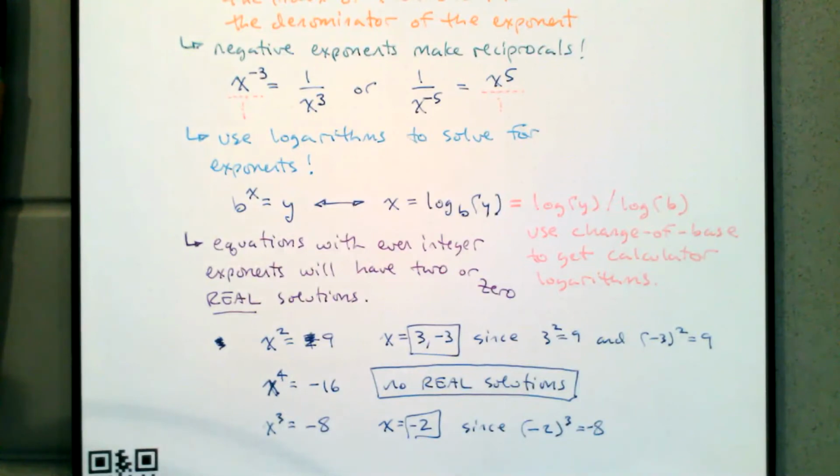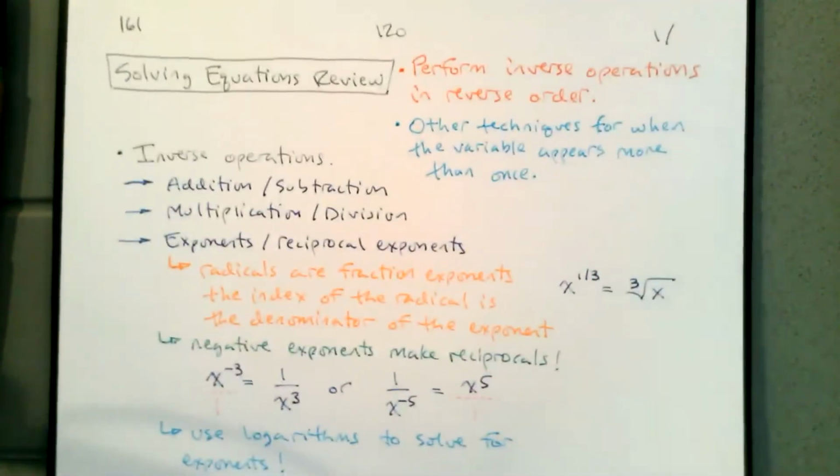This has led us to our first niche technique for when a variable appears more than once. Our first technique is the quadratic equation.